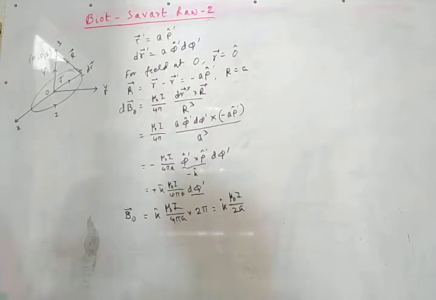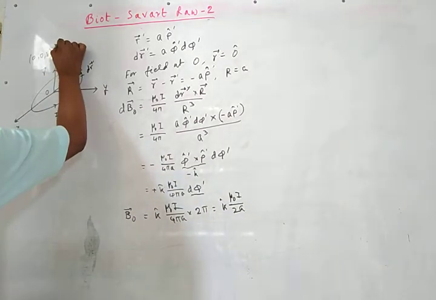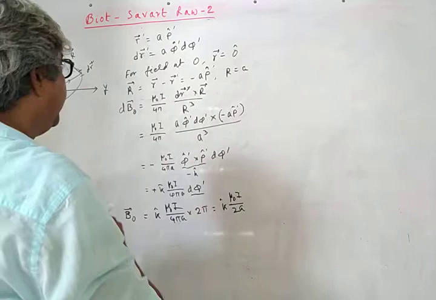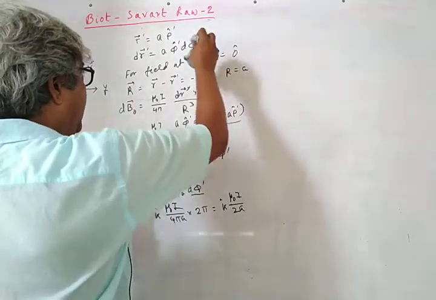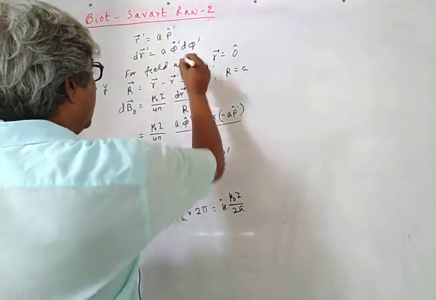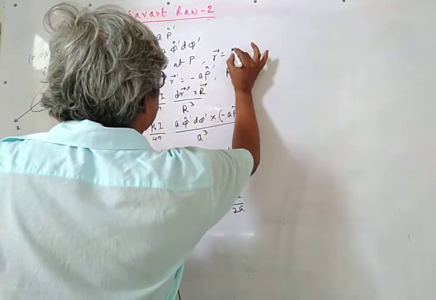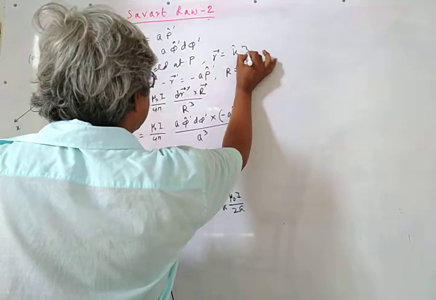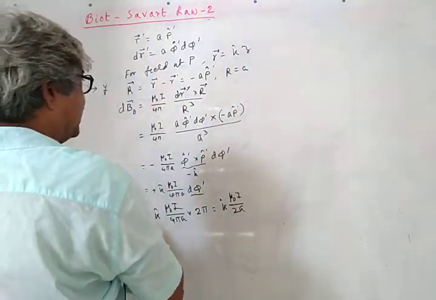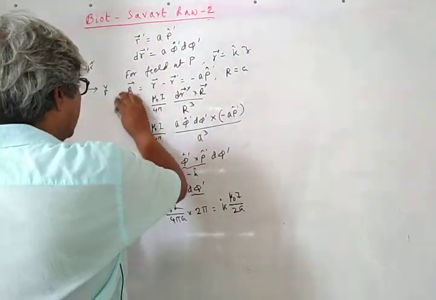So if we consider the field at P, then the only thing that changes is that this is k cap z and the corresponding quantities will change accordingly.